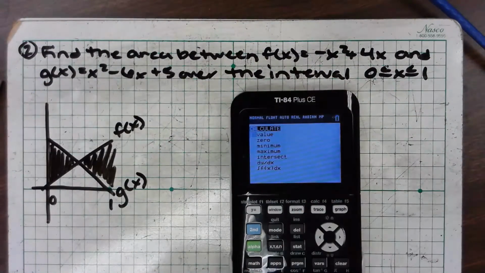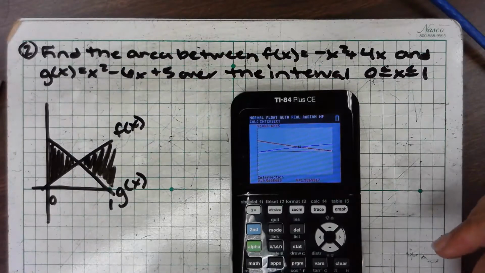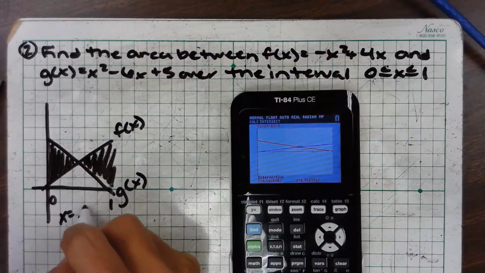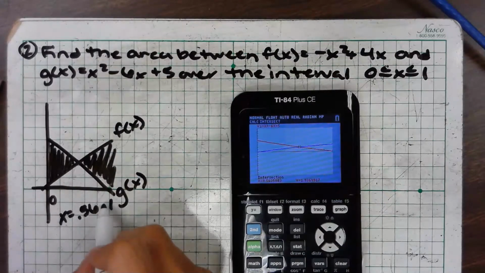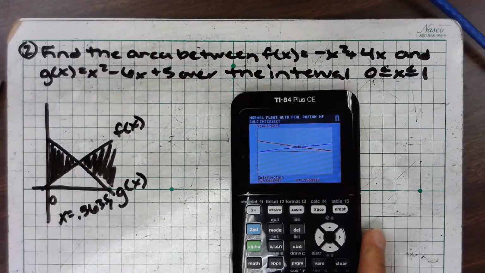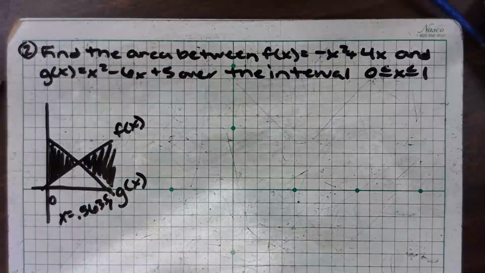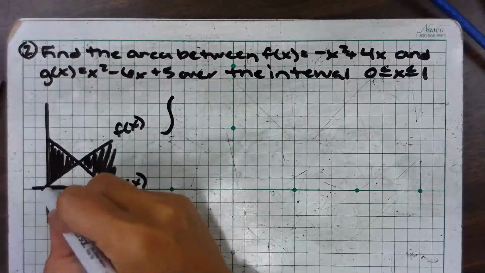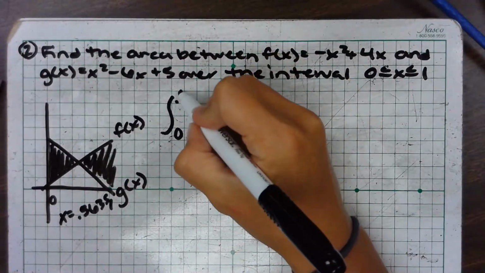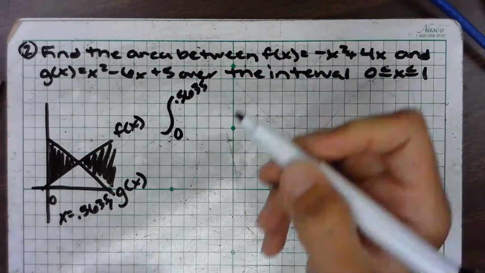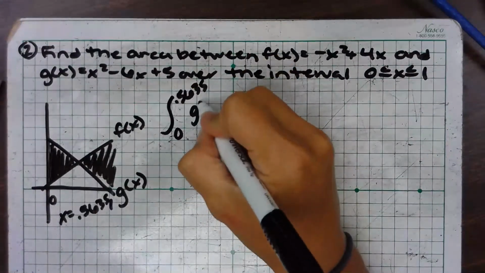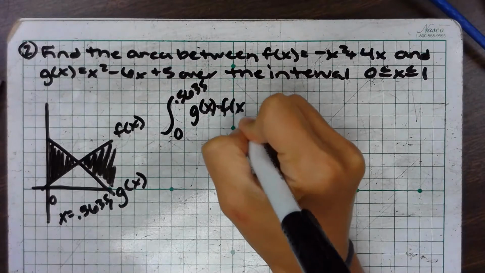Second trace, 5 for intersect, 1, 2, 3. That intersection is at x equals 0.5635. I'm going to give myself one more place. So what that means is I'm going to do the integral from 0 to 0.5635 of when g of x is on top, minus f of x.